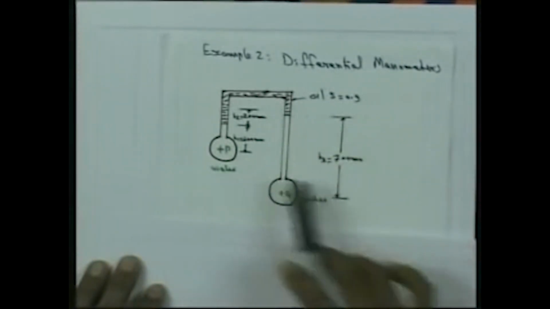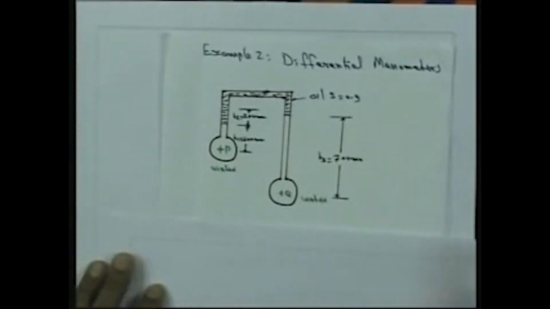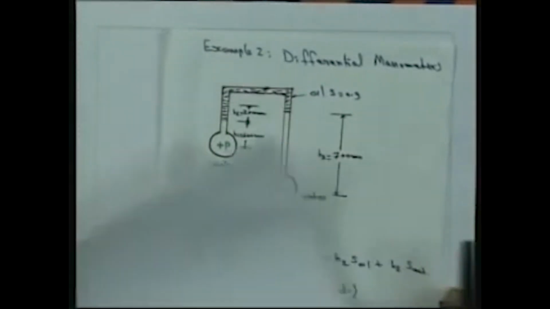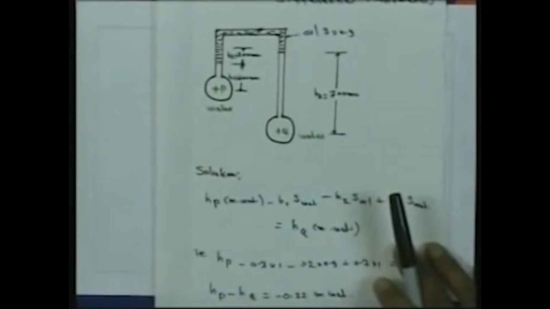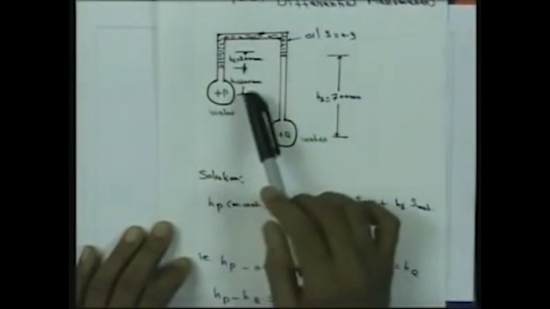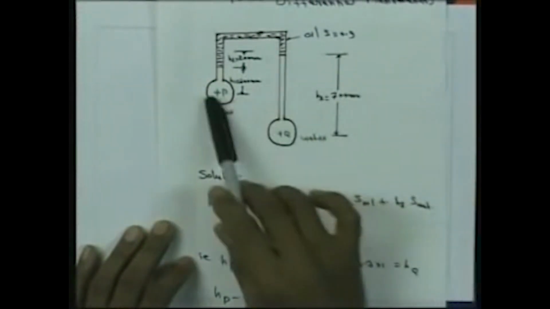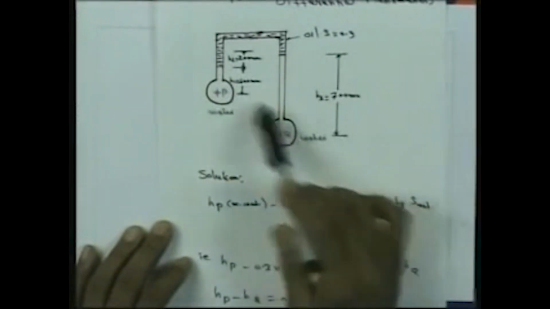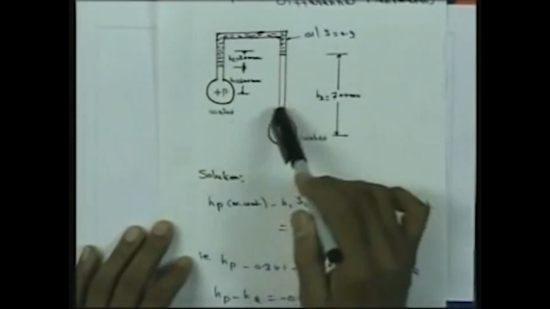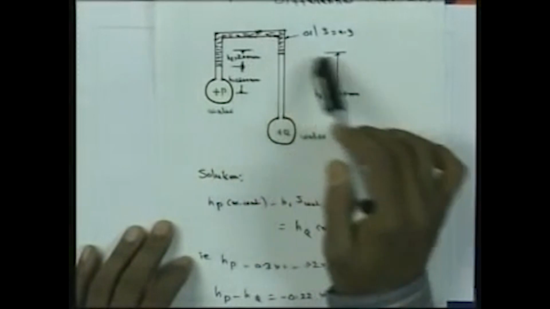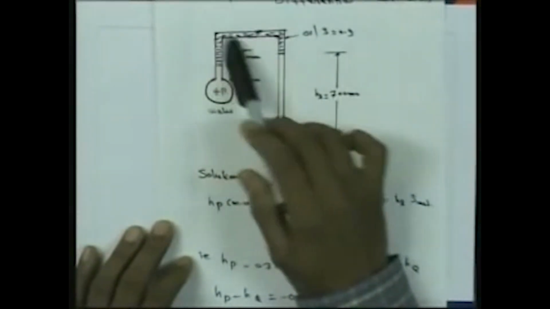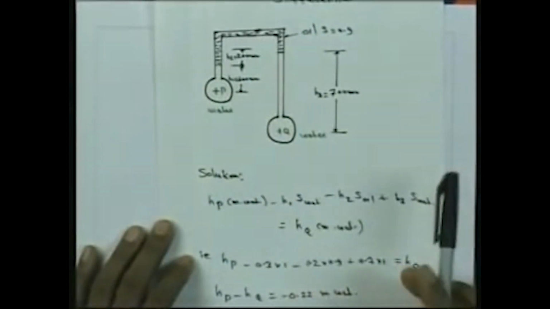We have to find the pressure difference in Pascals. So to solve this problem, we already know H1, H2 and H3, and we want to find the pressure difference between P and Q in Pascal, and the specific gravity of oil in the manometer is also given.